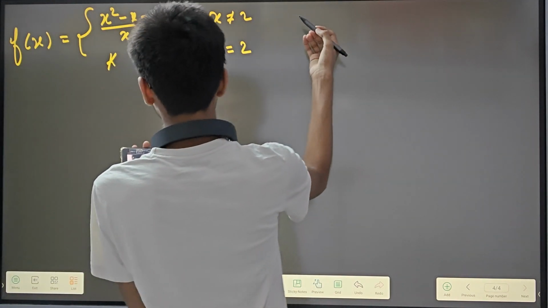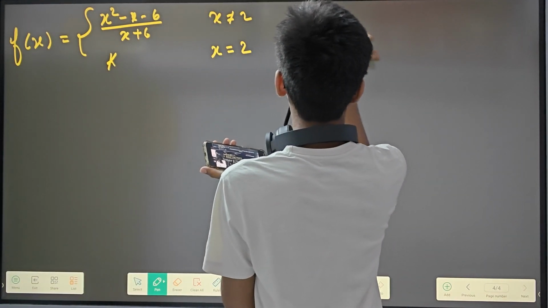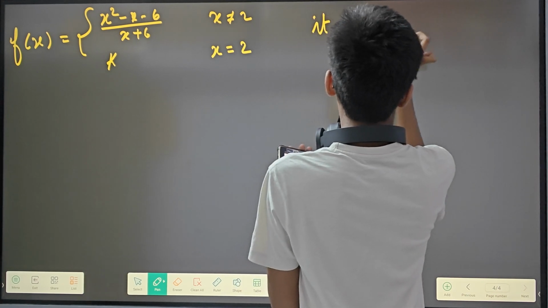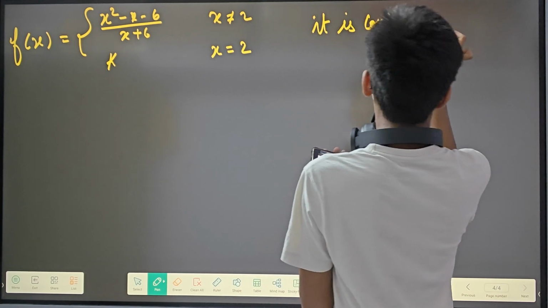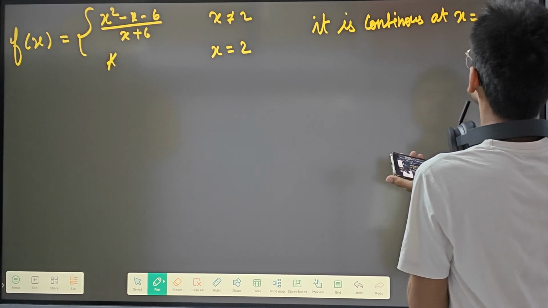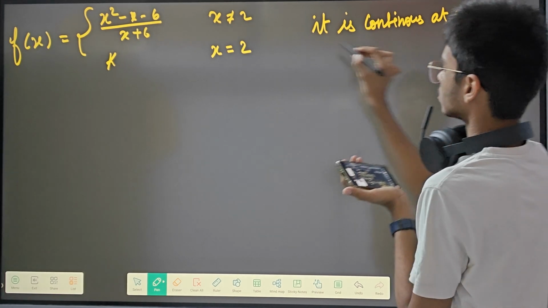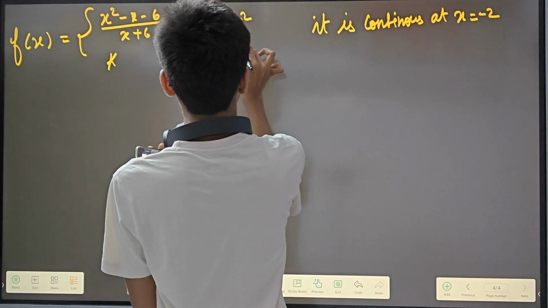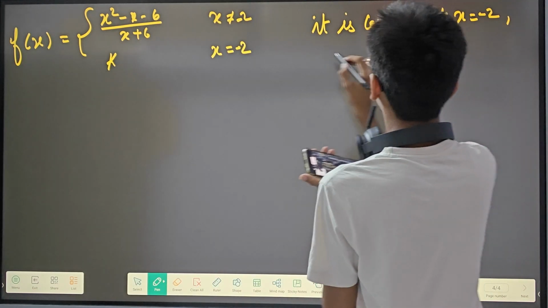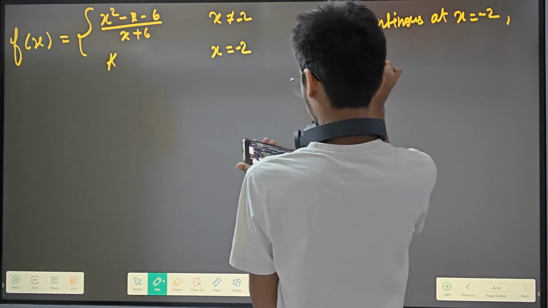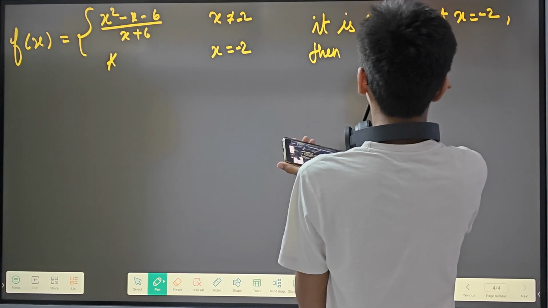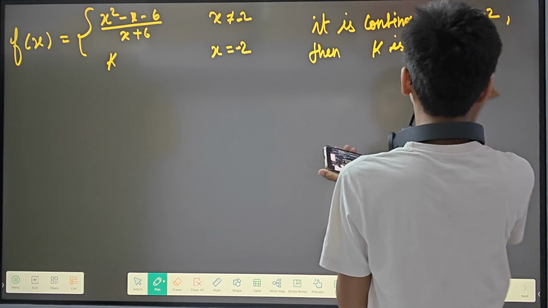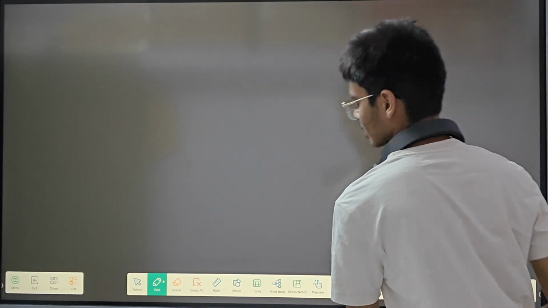Before that, we are going to do another sum. It is continuous at x is equal to minus 2. Here minus should be coming. Then k is. So before this, one sum I'm going to do.